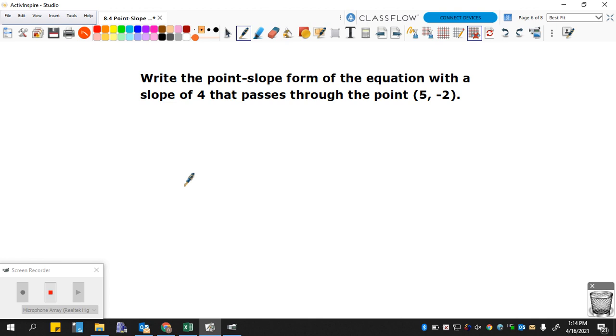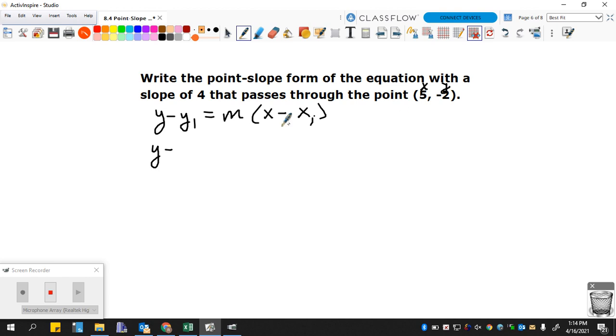Now it asks us to write the point-slope form of an equation with a slope of 4 that passes through the point 5, negative 2. So remember, you go y minus y1 is equal to m times x minus x1. We just plug it in. This is x, this is y.